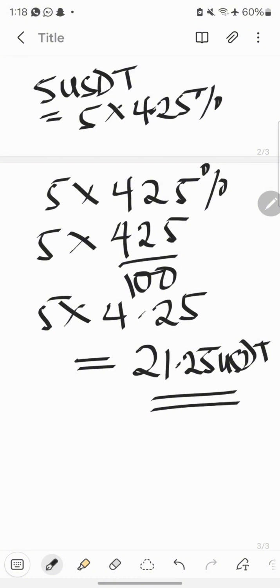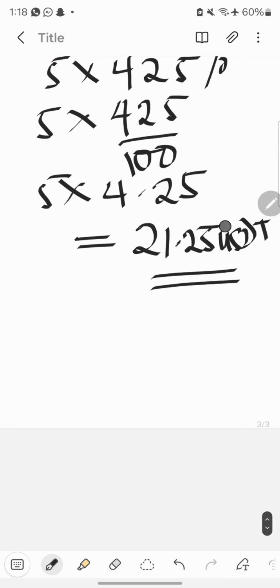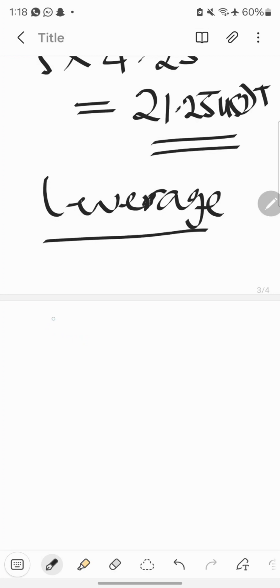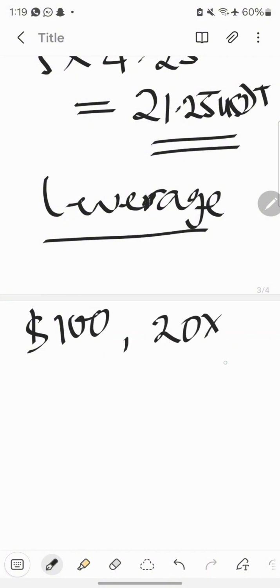So now, what does leverage mean? Leverage is like your broker lending you money. How does it work? Let's say you have a $100 account and you are using 20x leverage.